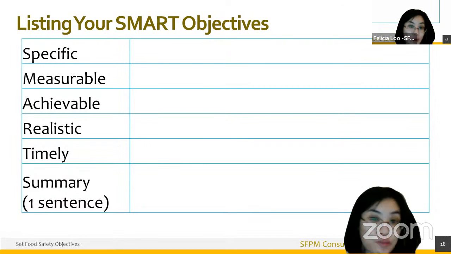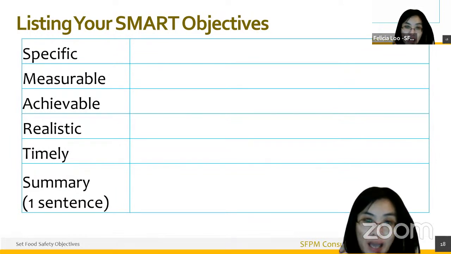Tomorrow, day 4, we will be looking at the motivation, supports, and objections. How do you overcome this so that you and your team are coherent with your food safety objectives? Remember, whatever food safety objectives you have are yours and your team's to keep. It doesn't belong to a single person. It belongs to the food safety team.